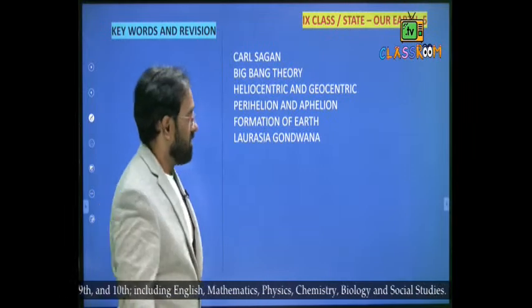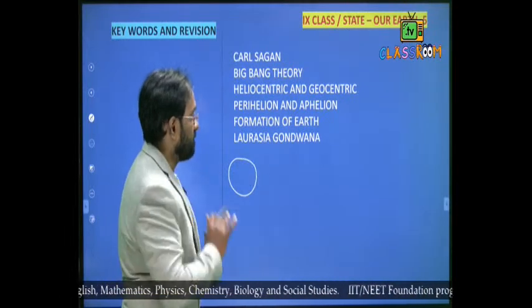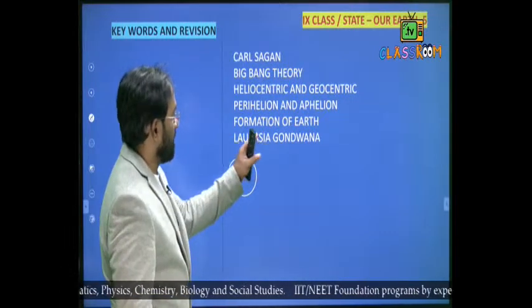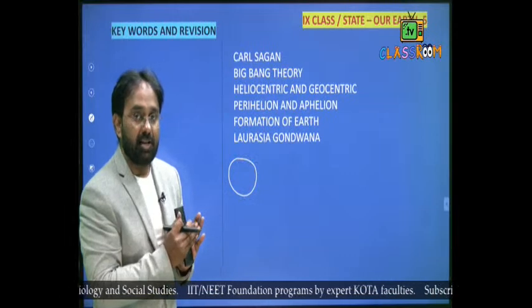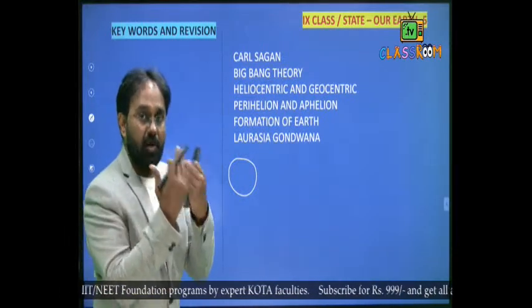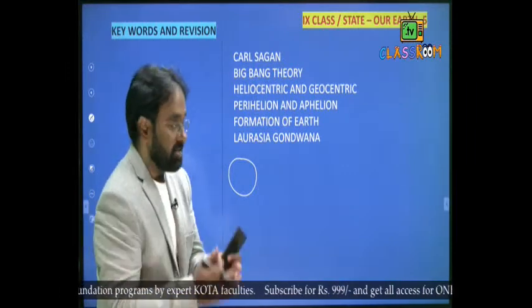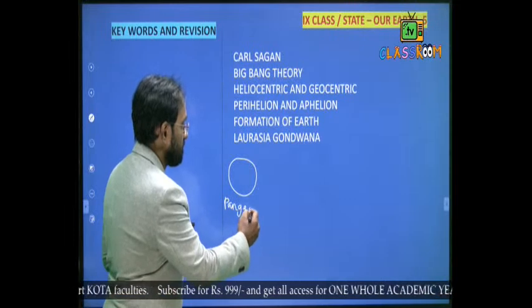How will we talk about this? Try to understand clearly. Initially, when earth was evolving, everything was in a compact structure called Pangea. This we know already.